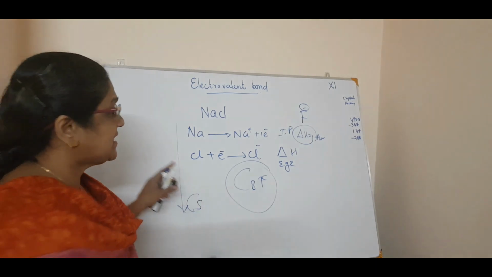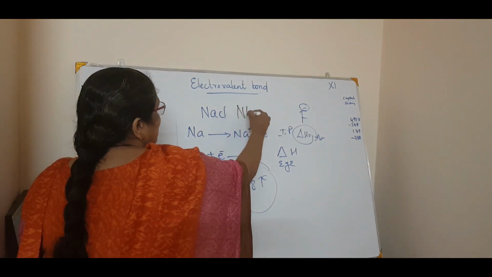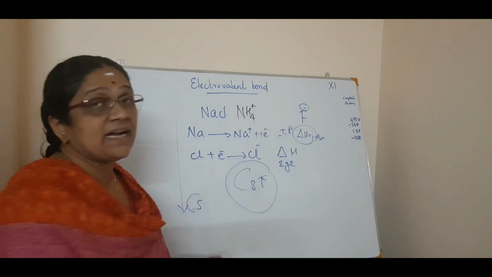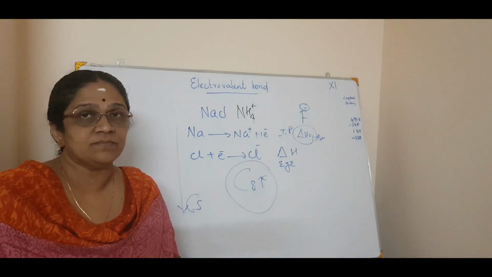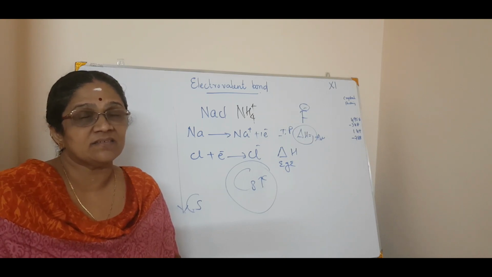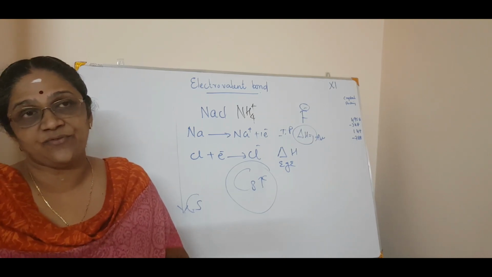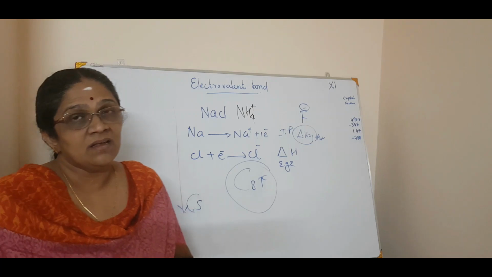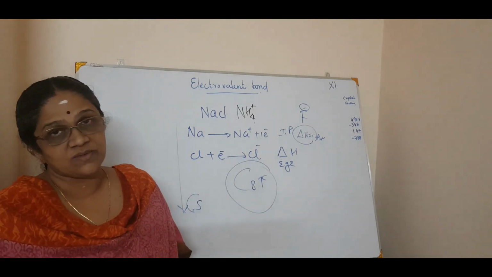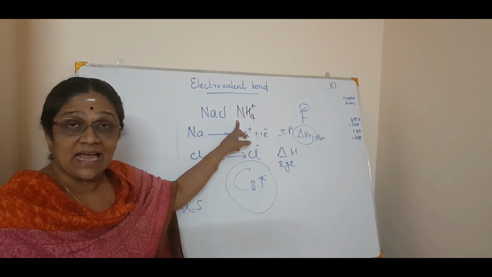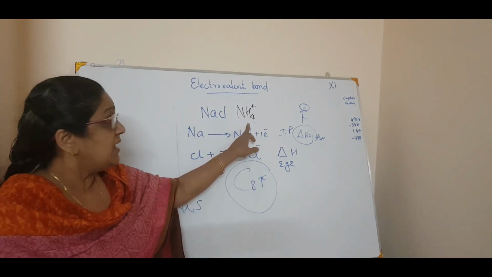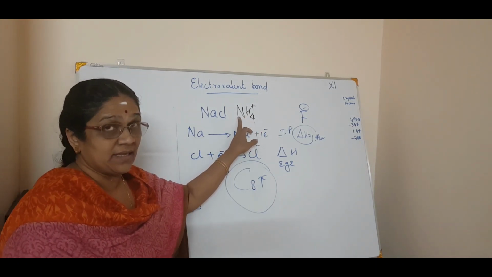But there is an exception: the cation NH4 plus. What is that? NH4 plus is called the ammonium ion. You will see it in the practicals. In the test for cations and anions, normally they will give you ammonium ions. Generally we say that cations are metals, but see, this is polyatomic.